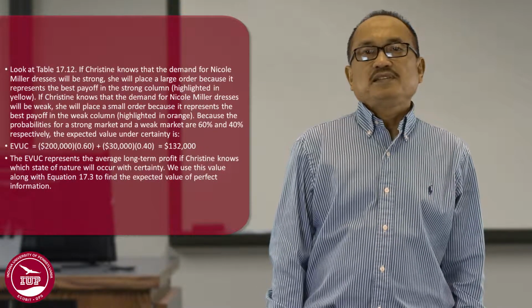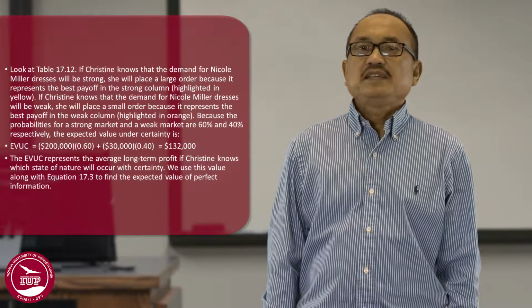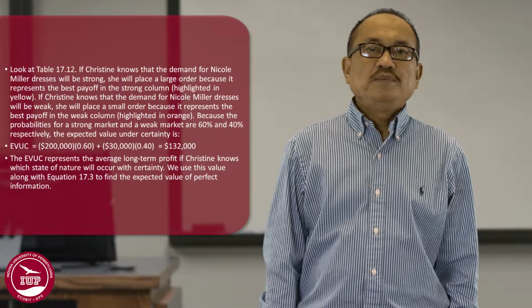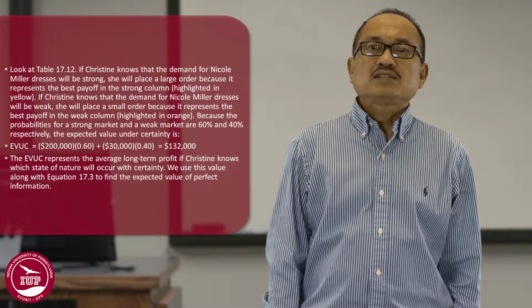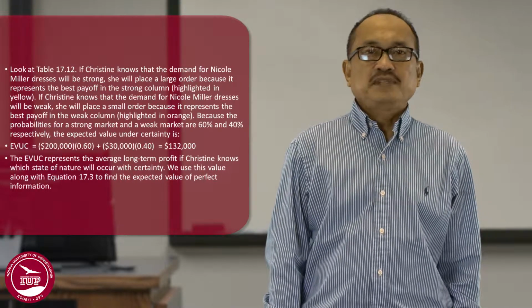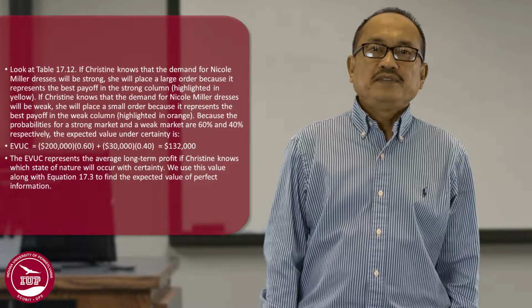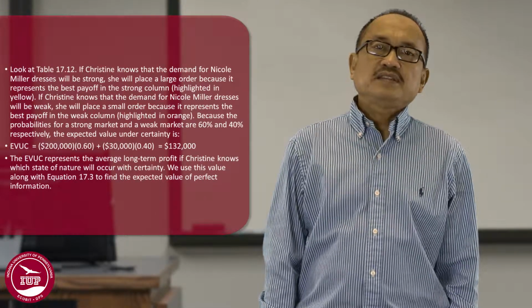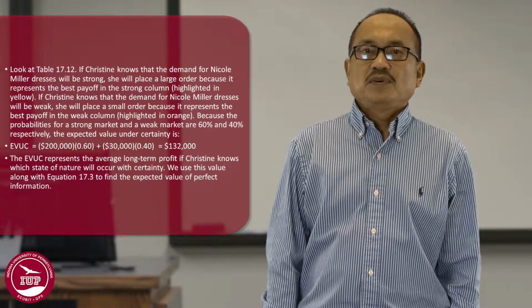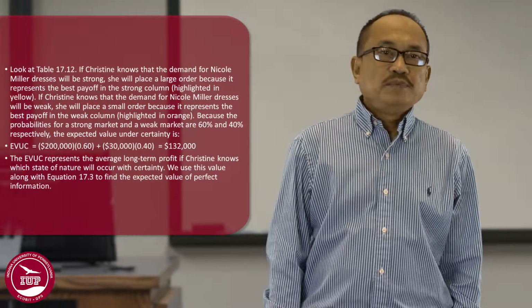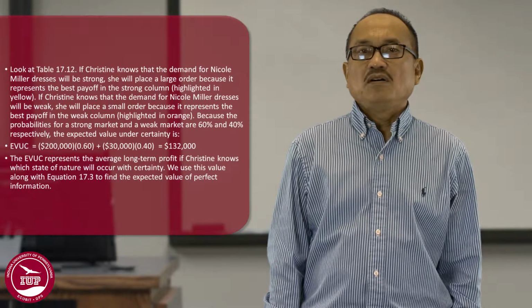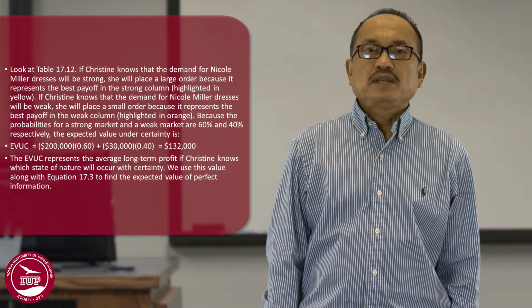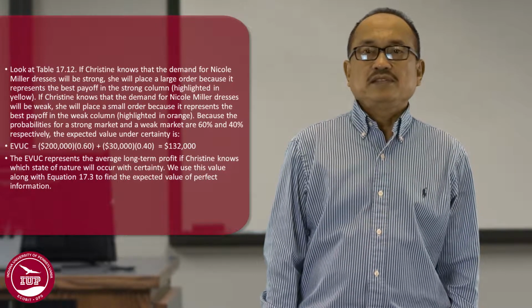Look at table 17.12. If Christine knows that the demand for Nicole Miller dresses will be strong, she will place a large order because it represents the best payoff in the strong column, highlighted in yellow. If Christine knows that the demand for Nicole Miller dresses will be weak, she will place a small order because it represents the best payoff in the weak column, highlighted in orange.